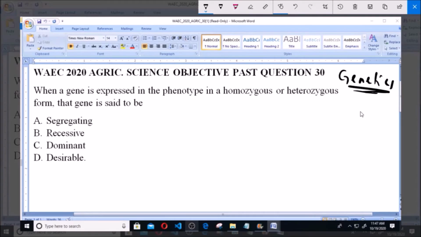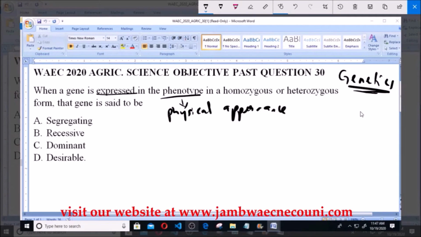So we're asked, when a gene is expressed in the phenotype. Phenotype refers to the physical appearance of an organism. So when a gene is expressed in the phenotype in a homozygous or heterozygous form, that gene is said to be.